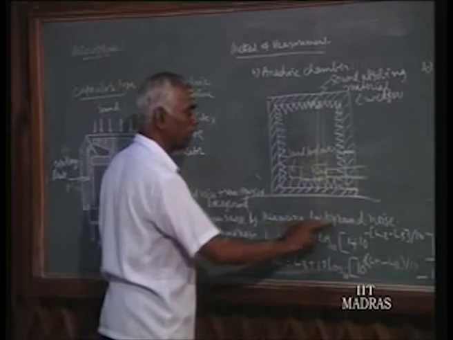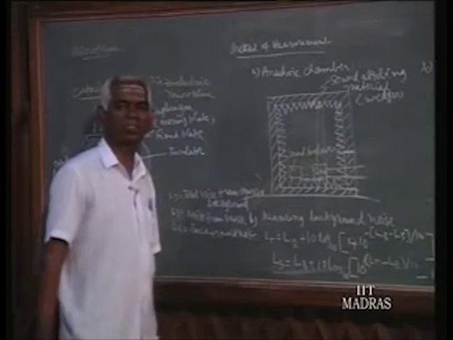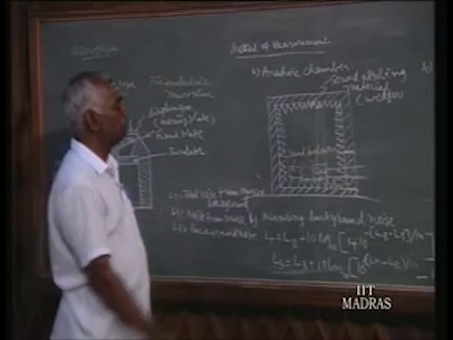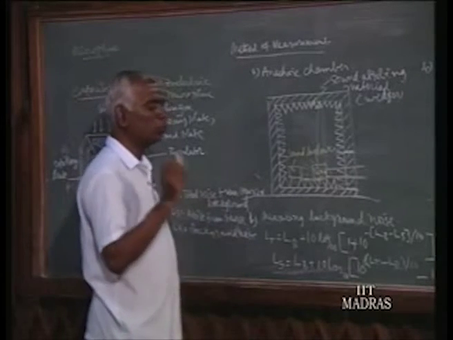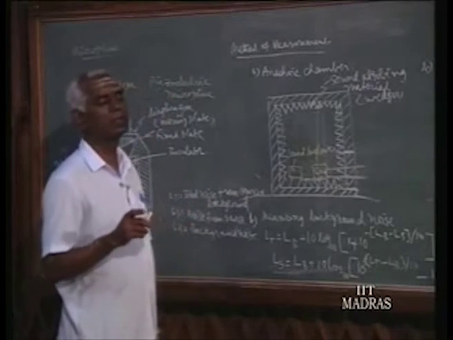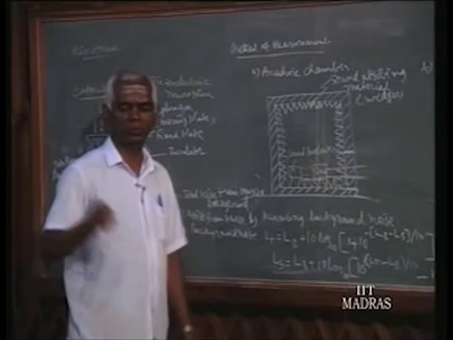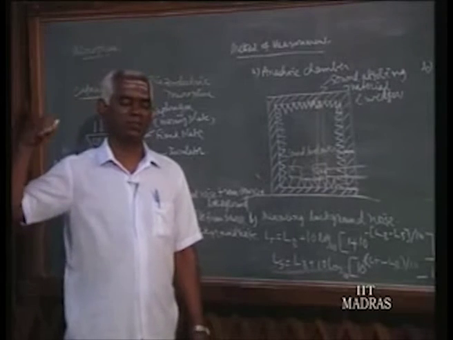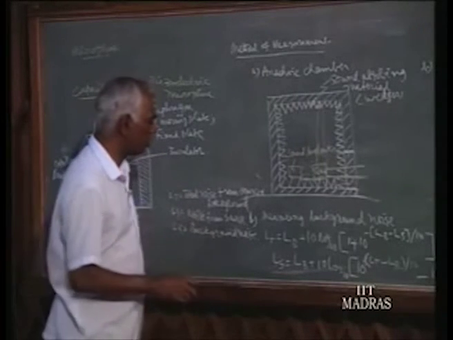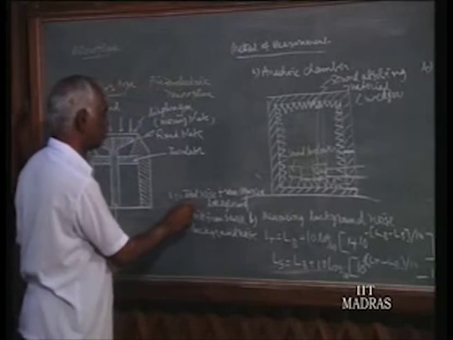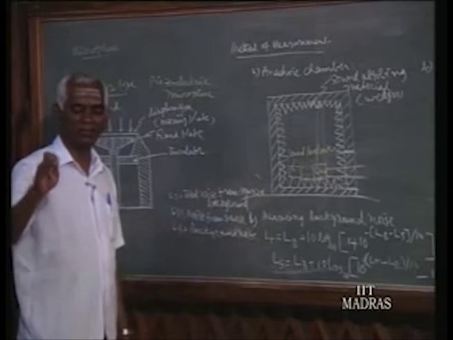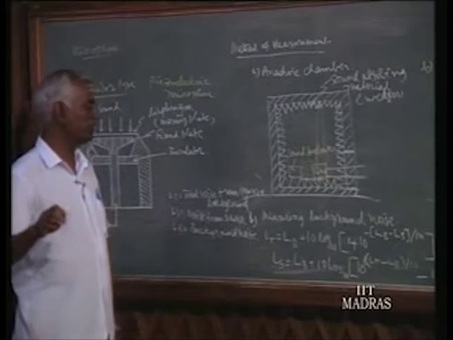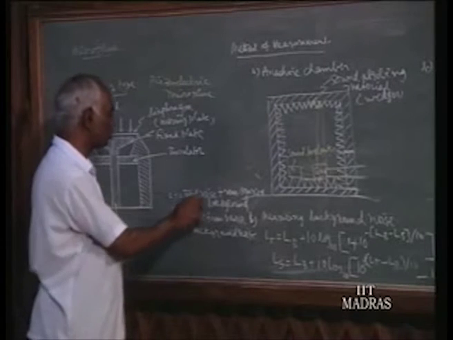The second method is by measuring the background noise also, we can measure the noise made by the device. Now you have to make 2 measurements with the sound level meter. Suppose a source is there making noise, and the surroundings also make noise. So you make one measurement called total noise, where the source is running and atmospheric noise is also there.